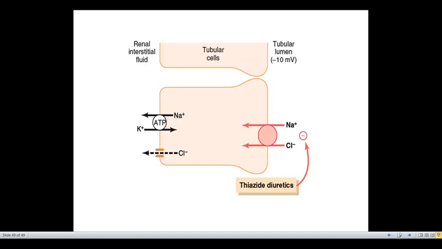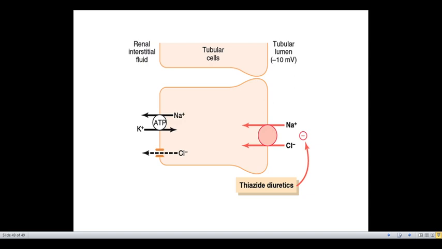The figure shows the mechanism of sodium chloride transport in the early distal tubule. Sodium and chloride are transported from the renal tubule lumen into the renal epithelial cell by a co-transporter that is inhibited by the thiazide diuretics.